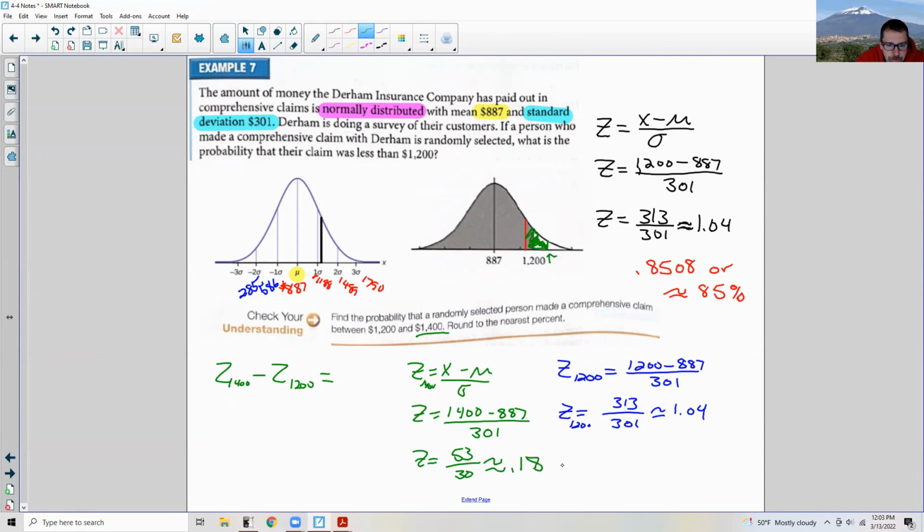So we already did this one. We don't need to do it again. Okay, so we got the z of 1.04. So this is 85%, 0.8508. So this came out to be 0.8508.